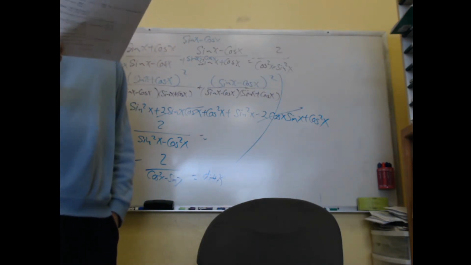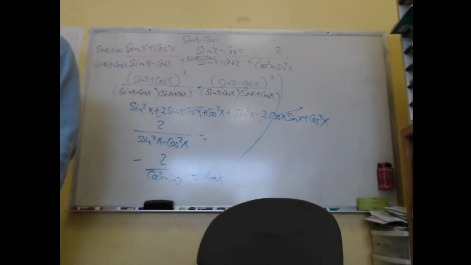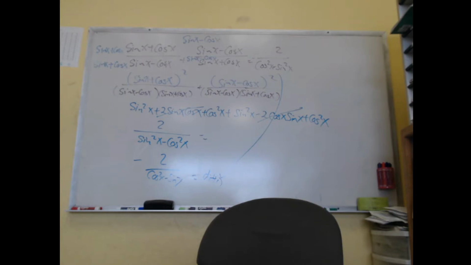Again, the condition is given, x plus y plus z is pi. So how do you simplify the expression secant x times sine of y plus z?